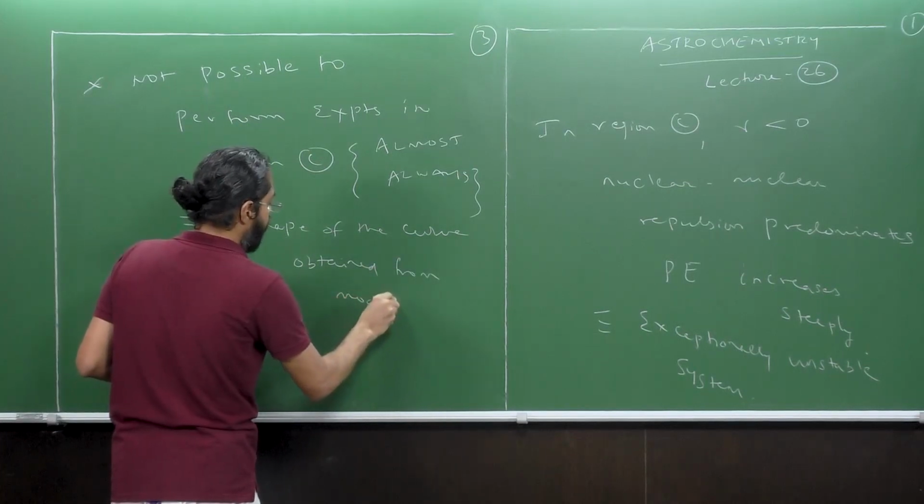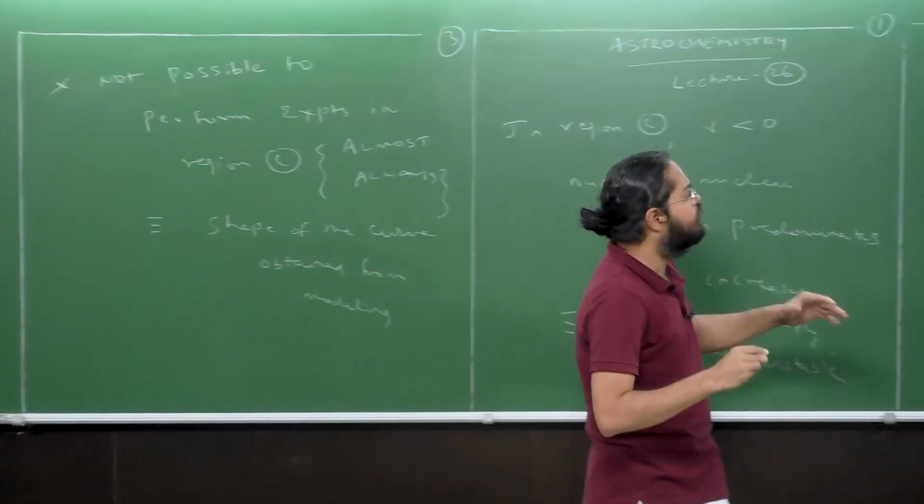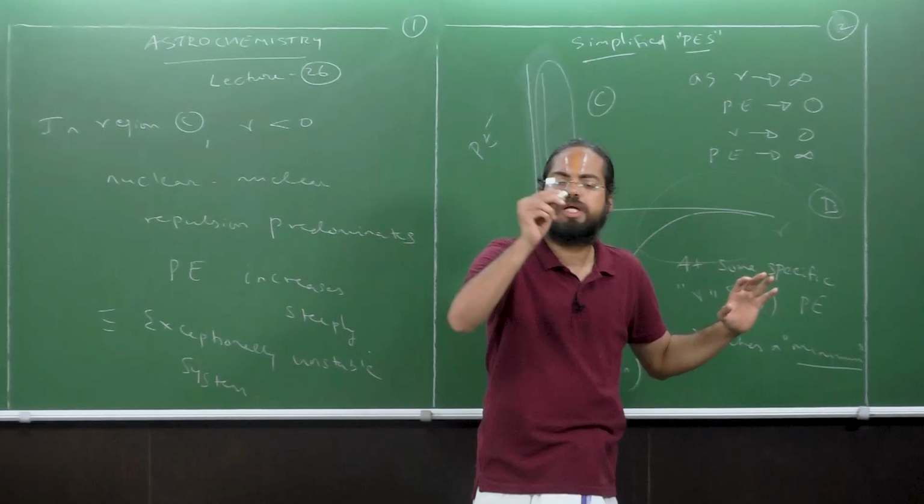So this is the simplified feature of a potential energy surface.